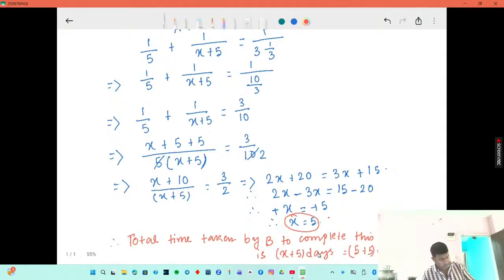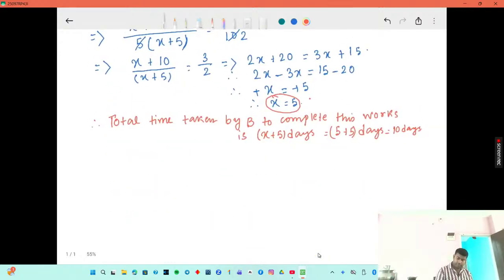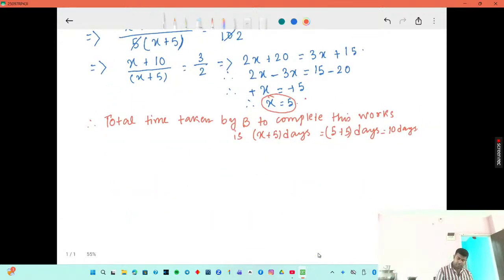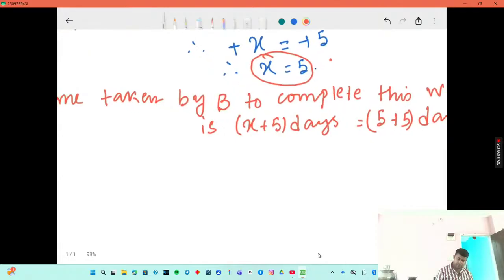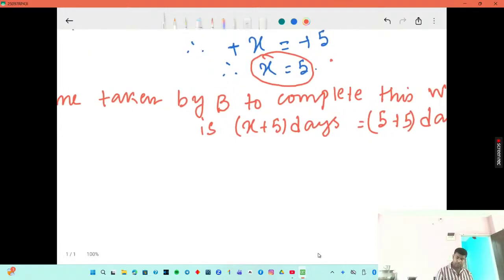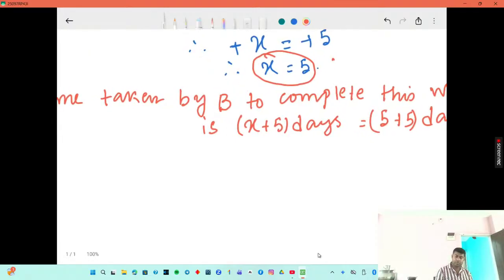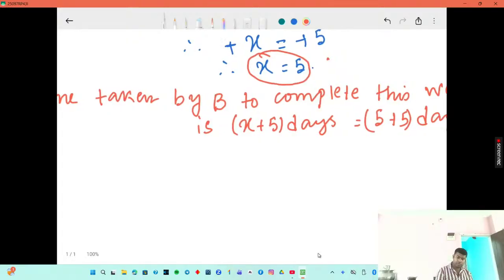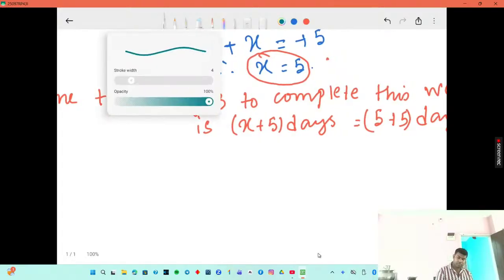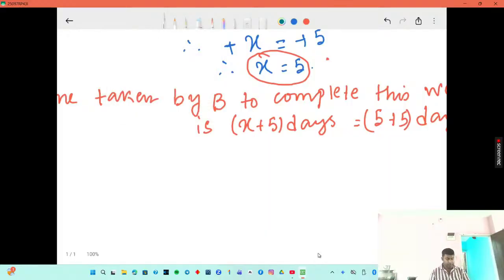And the next question is given as, what is the next question given? The next question is given as an article.